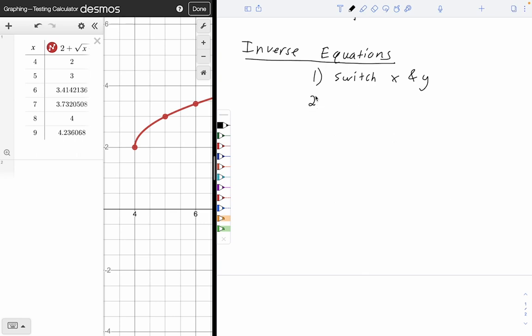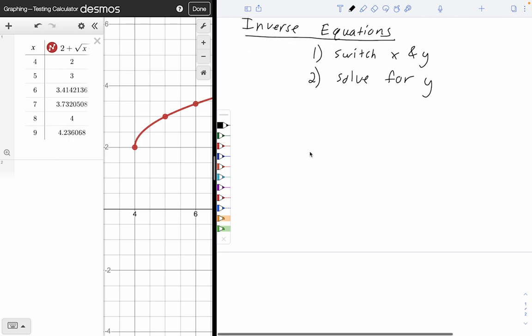Step 2, you're going to solve for y. There's a couple other minor things that I don't think are worth putting in the steps, so that's basically the steps. Okay? So let's look at an example.